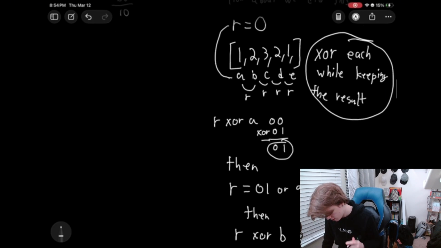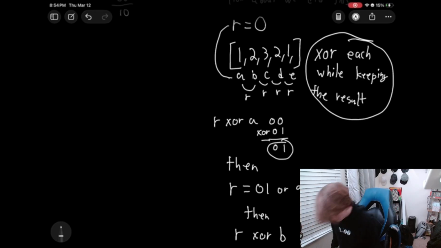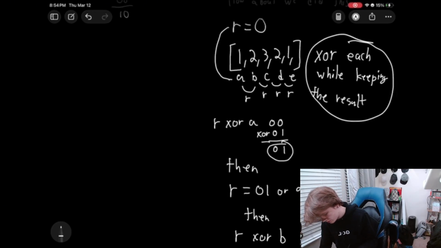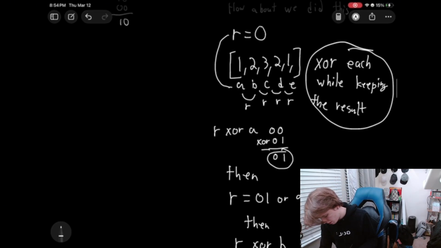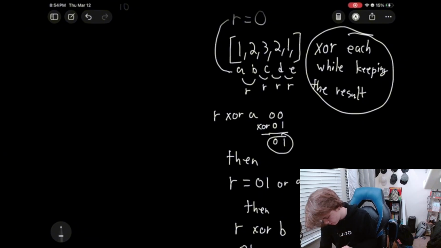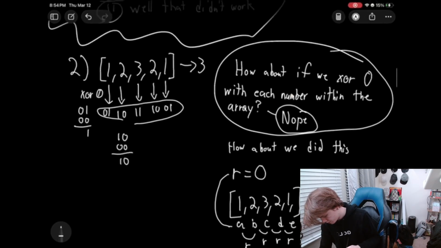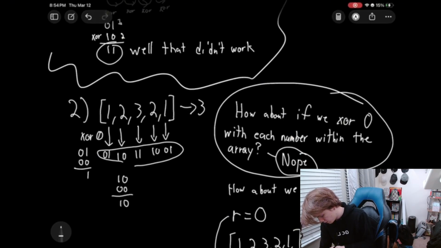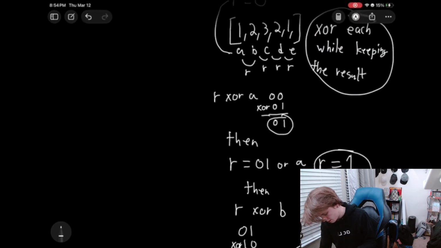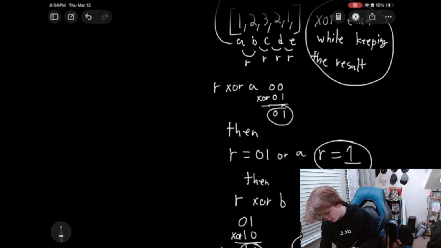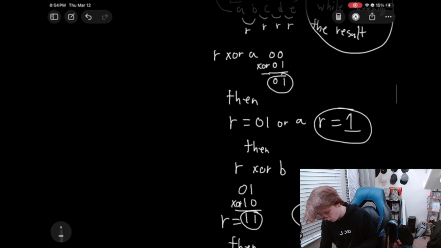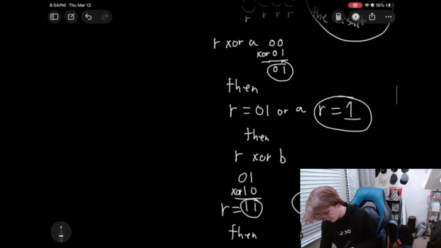And so, it begins. We have R XOR A, and for A we have 1, and 1 in binary is 01, so 00 XOR 01, because our R is starting from 0, like how I started XORing with 0 here. So I go down, I XOR here, and I have 01, or 1, I make R equal that.